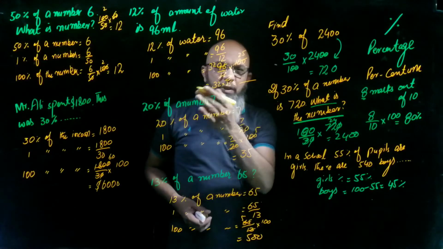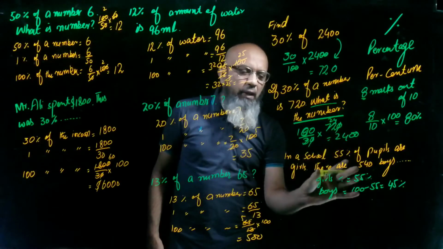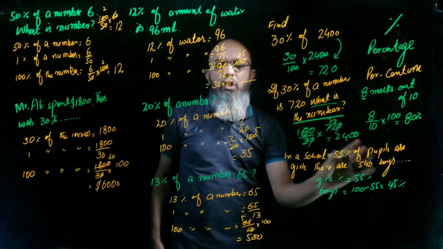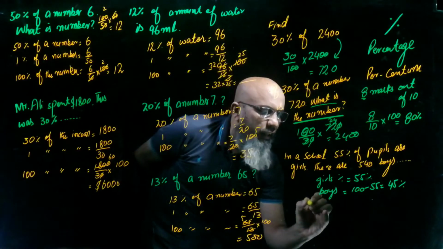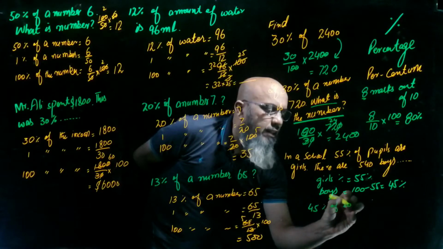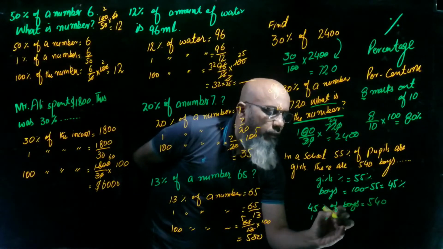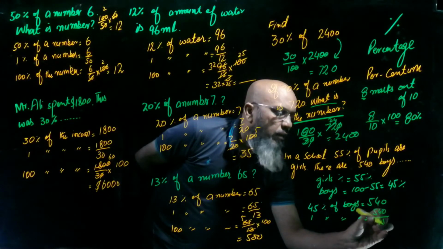So similarly as we did in the previous question, the only additional step is that the percentage of girls is given and the number of boys is given to you. So first we will find the percentage of boys. So how will you write here? That is 45% of boys, that is 540. So 1% of the boys means 540 divided by 45.